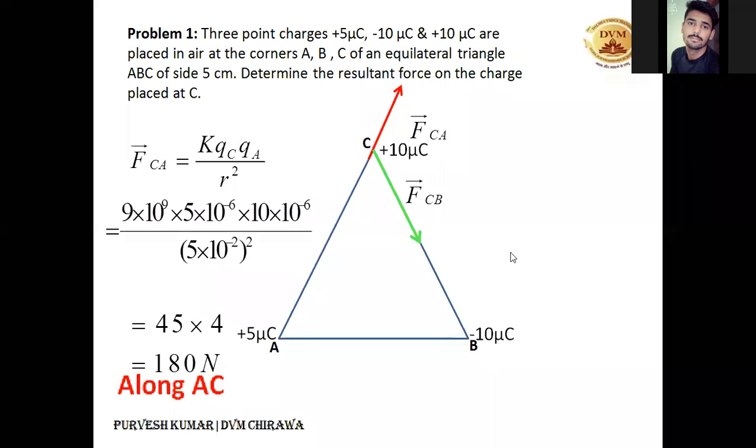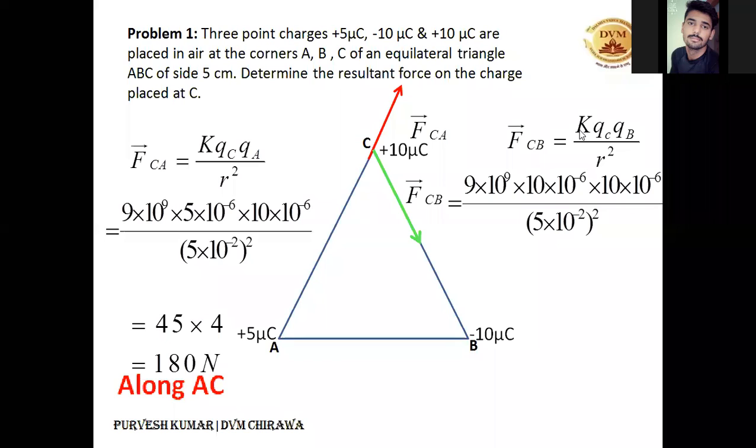Now, the value of this FCB can be calculated by using Coulomb's law, that is K QC QB upon R square. QC is the charge placed at C, QB is the charge placed at B. So in place of K, I can write 9 into 10 to the power 9. In place of QC, I can write 10 microcoulomb, that is 10 into 10 to the power minus 6.